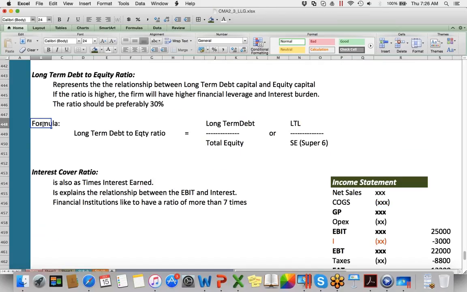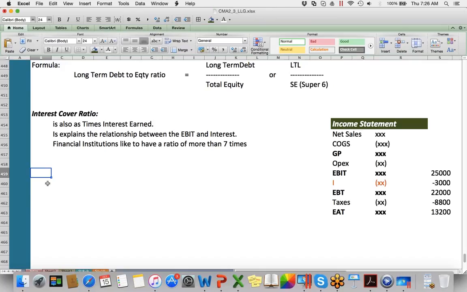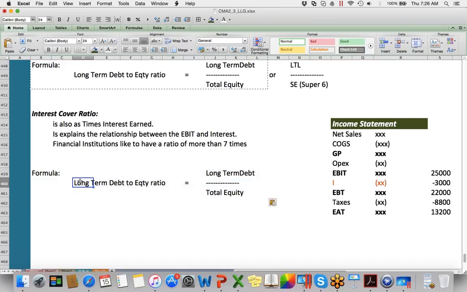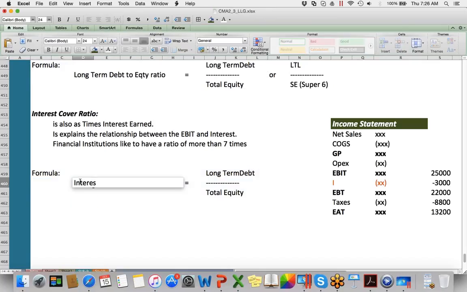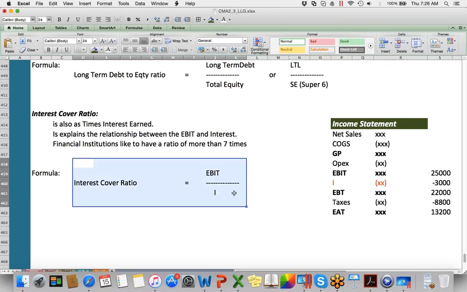The formula will be: interest cover ratio equals EBIT divided by I. Very important, please. Many times, for almost every candidate, this ratio is asked.